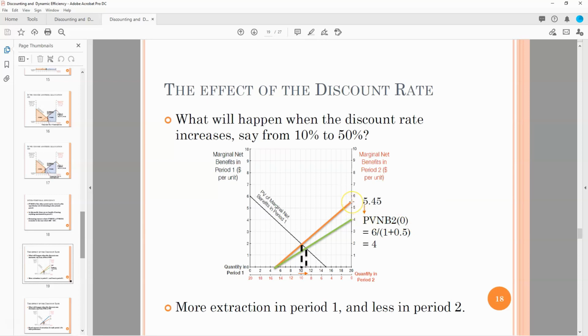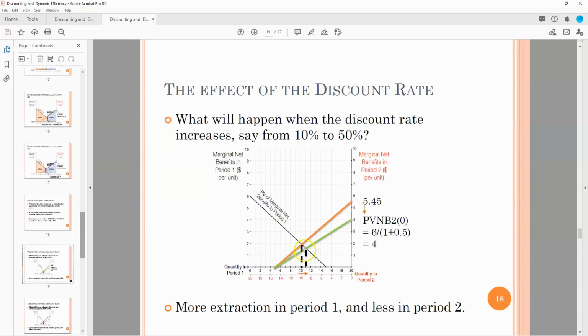So the initial line for the marginal net benefit in period 2 is the orange one. And when we change the discount rate to 50%, the green line represents the present value of marginal net benefit in period 2.